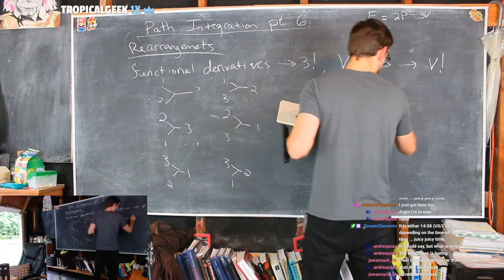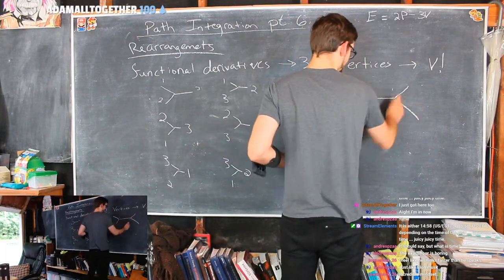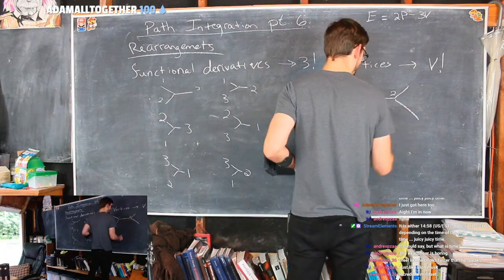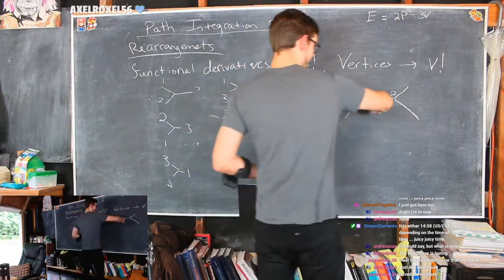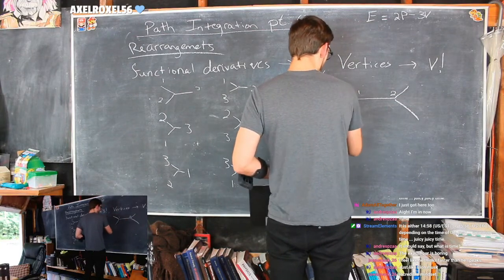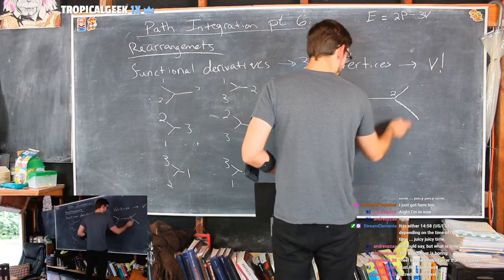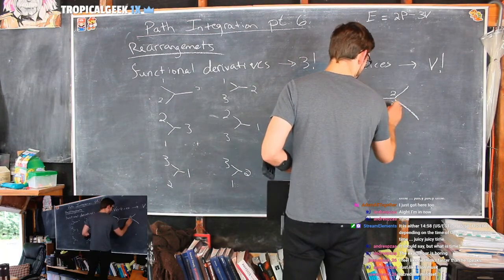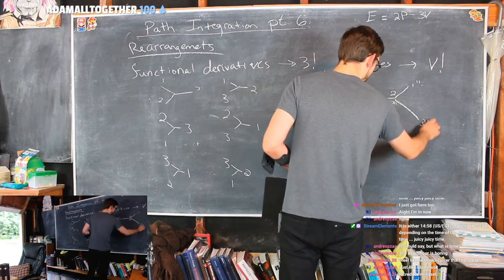Think about the other tree diagram that we talked about where we had sources out here. Let's label these vertices 1 and 2. Not 1 and 1, that doesn't make sense. What happens if we take these vertices and swap them, but leave everything else the same? So we'll have 1 prime, 2 double prime, 3 prime, and so on.